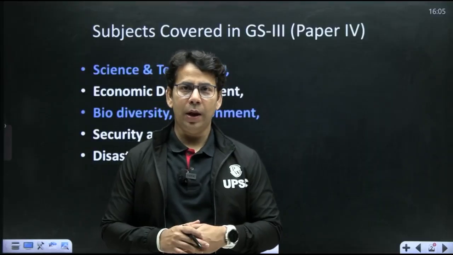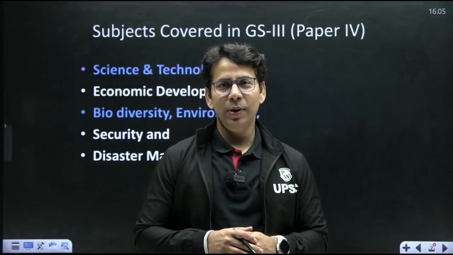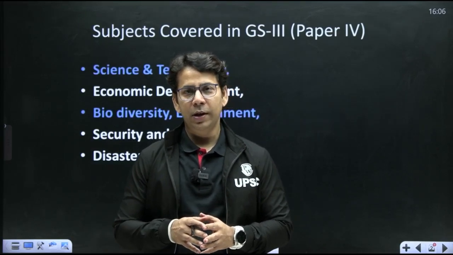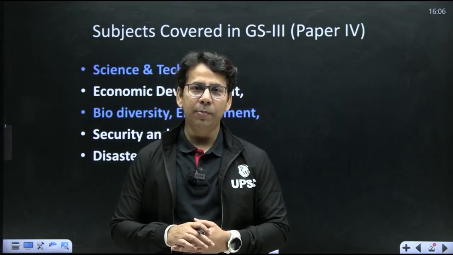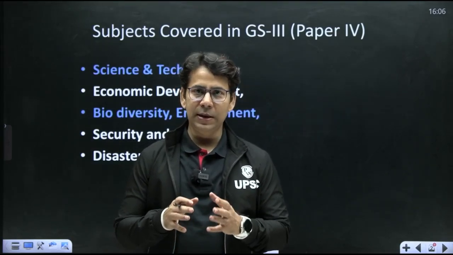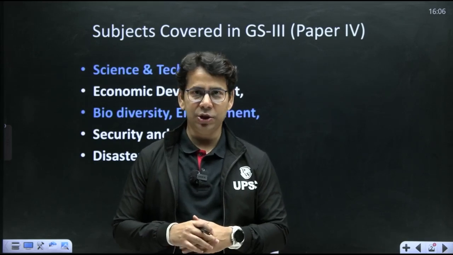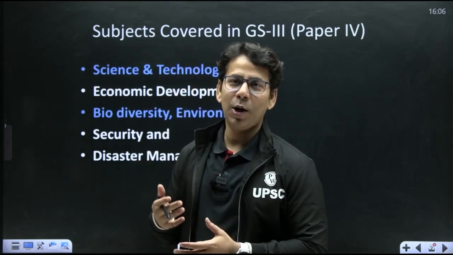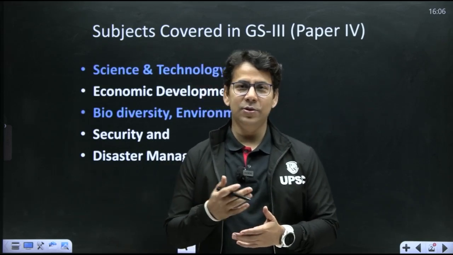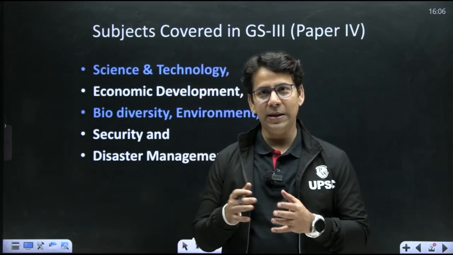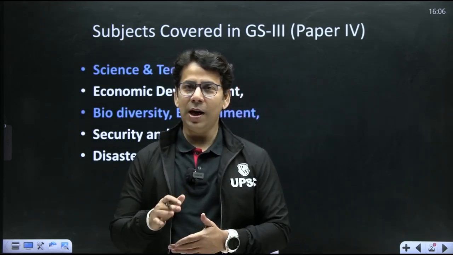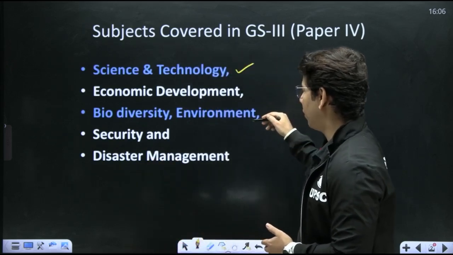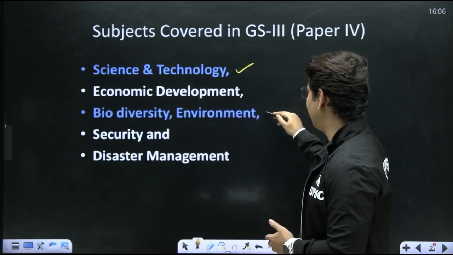Hello and welcome. In this series on paper 3 mains 2025, I'm Ritesh R. Jaiswal and I'm going to discuss the science and technology and environment section. So the question is how to handle science and technology and environment for the main examination. Let's start with science and technology, and then we'll look into biodiversity and environment.